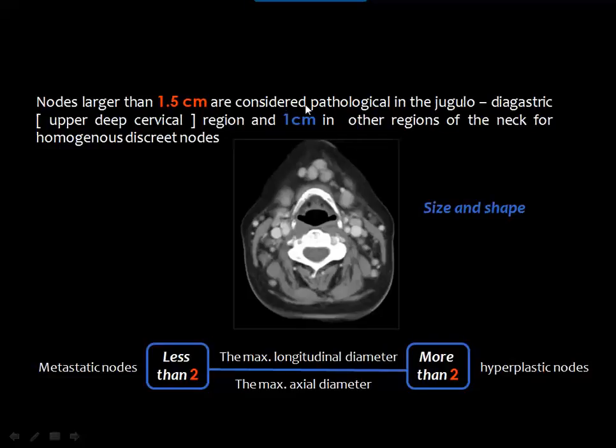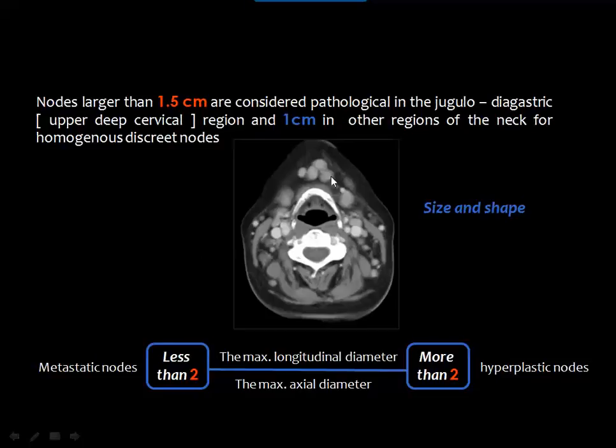Then the usual threshold used nowadays is 1 centimeter for the size of the pathologic node. Also, they taught us that the normal nodes are usually oval in shape or kidney shape, while the pathologic nodes may be rounded or lobulated, for example.